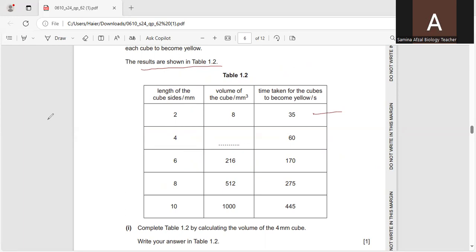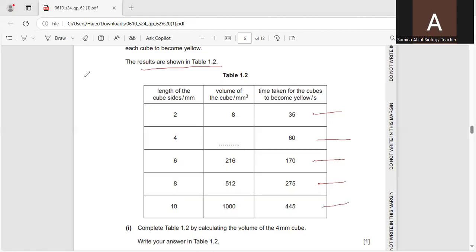At 6, it is 216 cubic millimeters, and the time is 170 seconds. At 8 millimeters, the volume is 512 cubic millimeters, and the time is 275 seconds. At 10, the volume is 1000 cubic millimeters, and the time is 445 seconds.